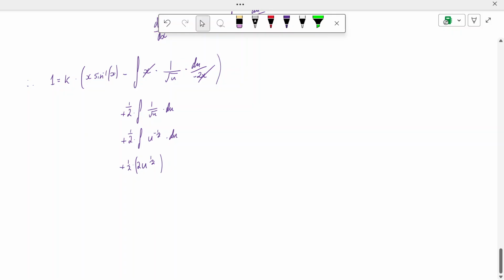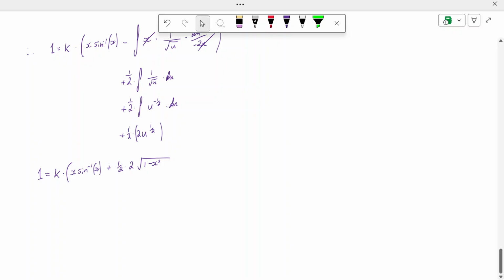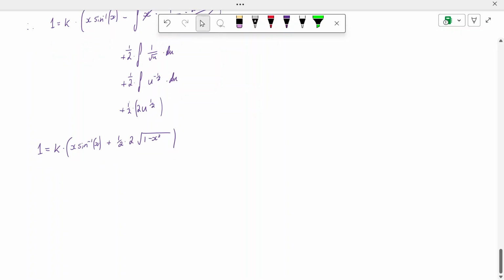And now if I want to, I can sub u back in. I'm actually going to write my whole expression out now. 1 equals k times x multiplied by arcsine of x plus 1 on 2, 2. Now u, I said, was actually equal to 1 take x squared, and I've just changed my power back.